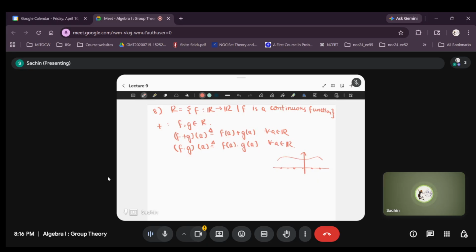So that gives you the mapping of the function itself. If I give a number a in the domain, what is the output? f of a. That is what decides the function f. They are saying the addition of two functions is another function, and the value of that function at any point a in the domain will simply be the sum of the values of the two separate functions that you are adding, evaluated at that point.